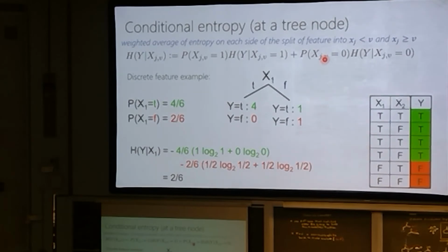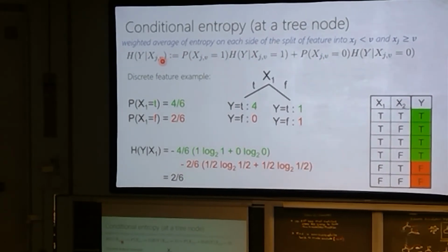So the idea is to look for splits that reduce the conditional entropy so that I get to these very pure nodes. You'll hear this word purity in decision trees. Pure means the class labels are all the same the further down the tree I go, such that at the bottom I know what class it is and I'm not surprised.